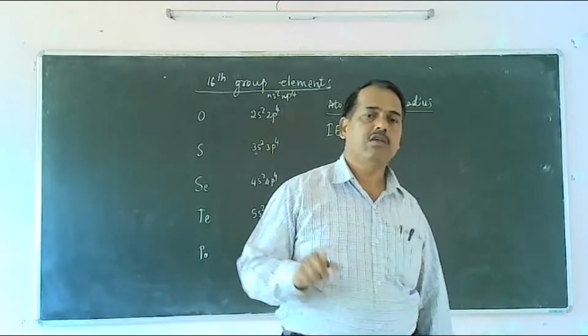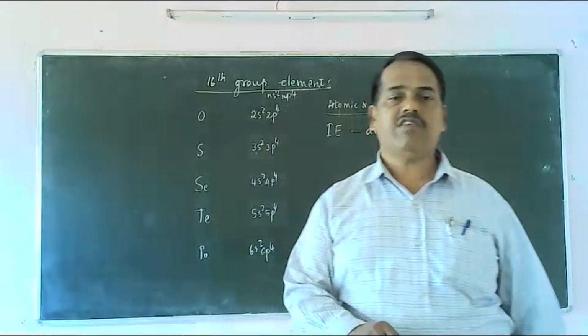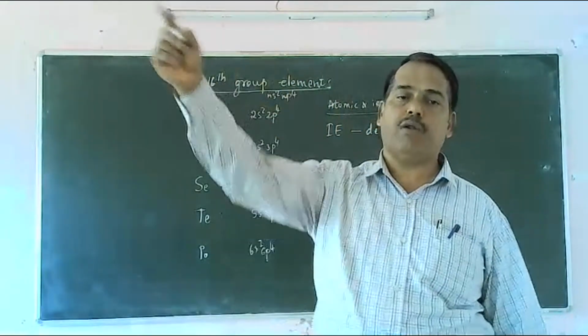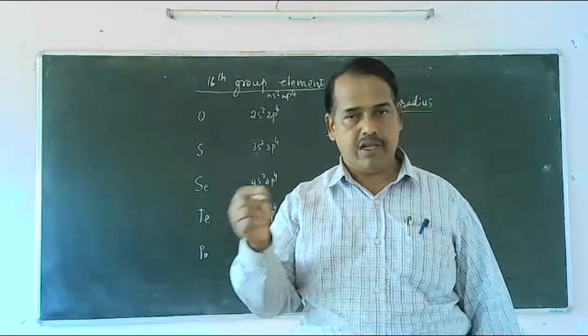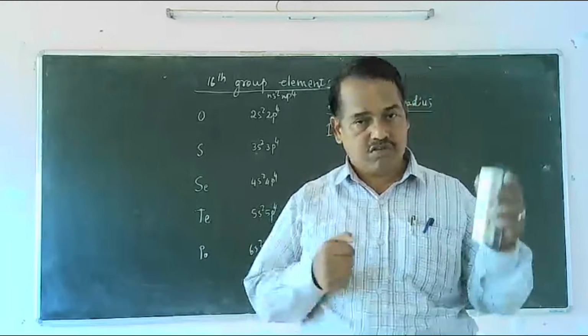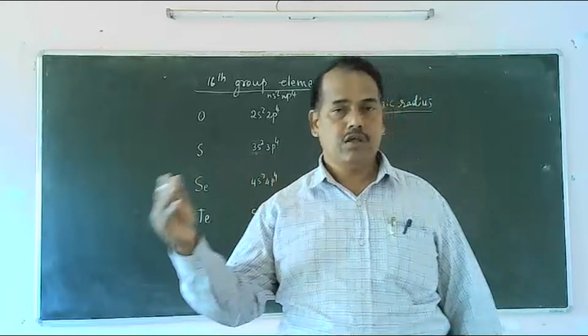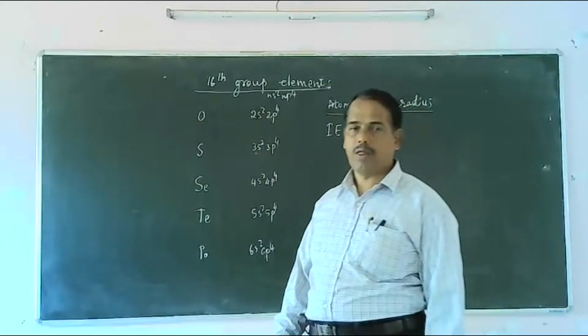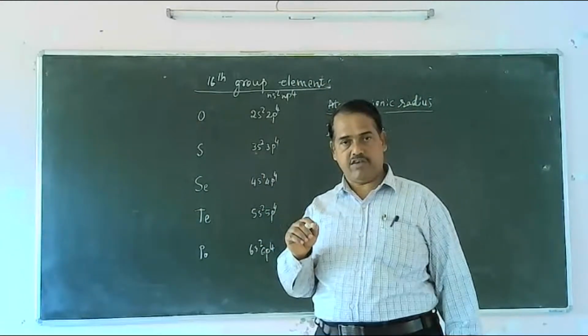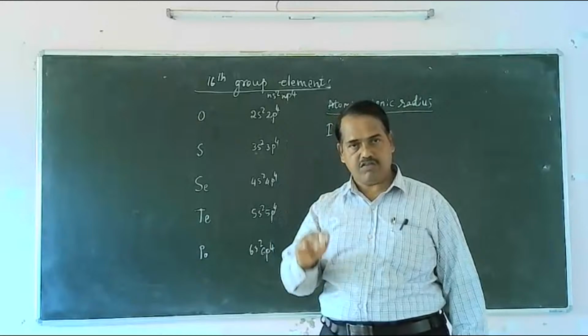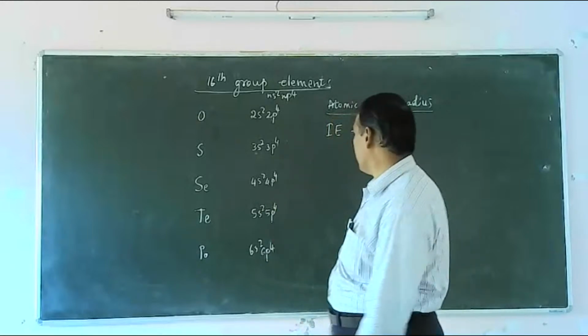Why decreases? Size increases. As size increases, electrons are away from the nucleus. The binding energy decreases, the nuclear attraction decreases. So therefore, automatically we can easily remove the electron. Ionization enthalpy decreases down the group.